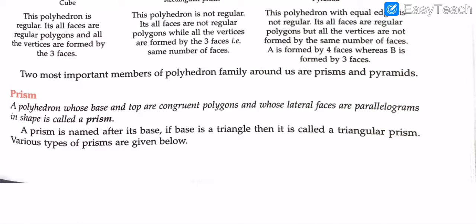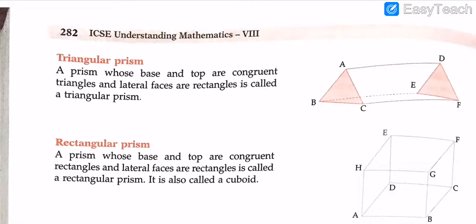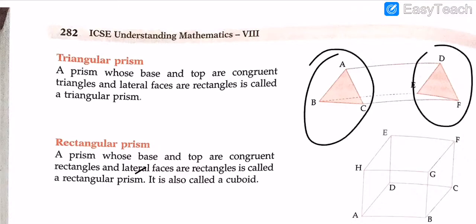Okay, now moving on. As I said, there are different types of prisms, so let's get to know a little more about them. A triangular prism is a prism whose base and top are congruent to each other, and the lateral faces are rectangles.